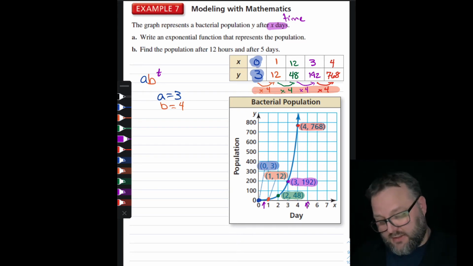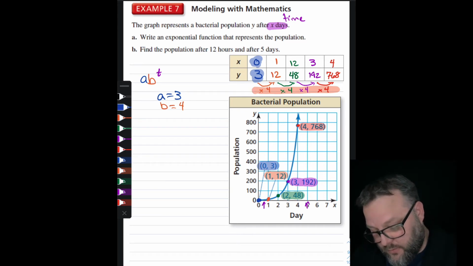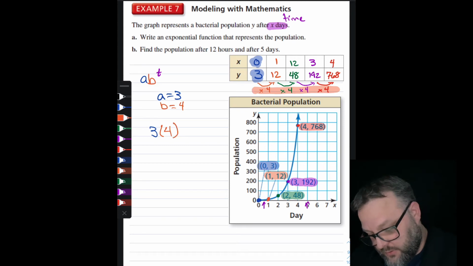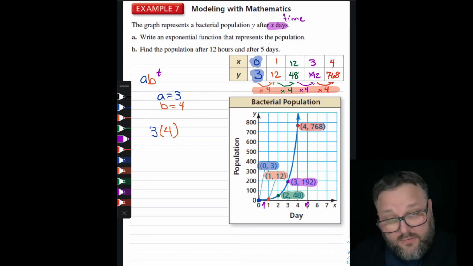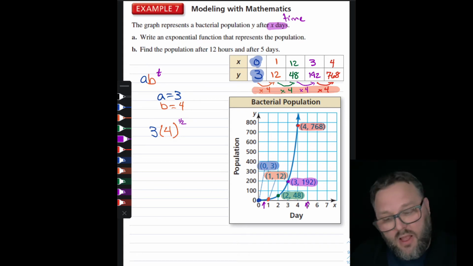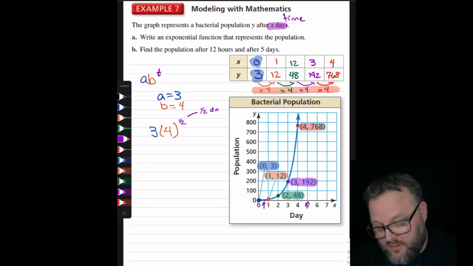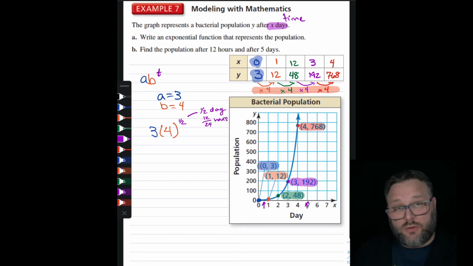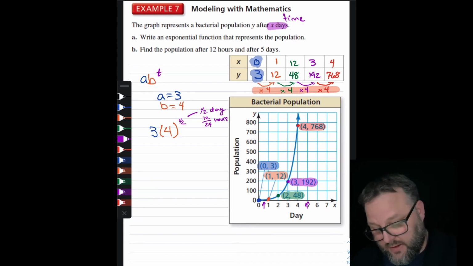So it's asking us to solve that using 3 times the base, I know the base, 4, to the, in this case, the first case, we're going to want to use 1/2. And that's because this represents 1/2 day, or 12 out of 24 hours. And since we're doing this in terms of days, I need to be half a day, and that tells me 12 hours.